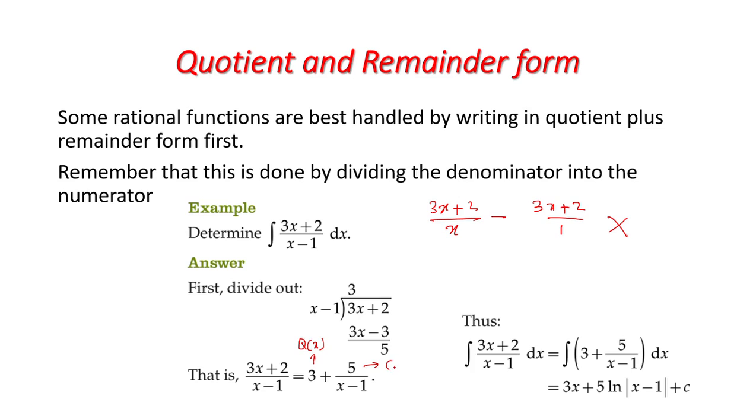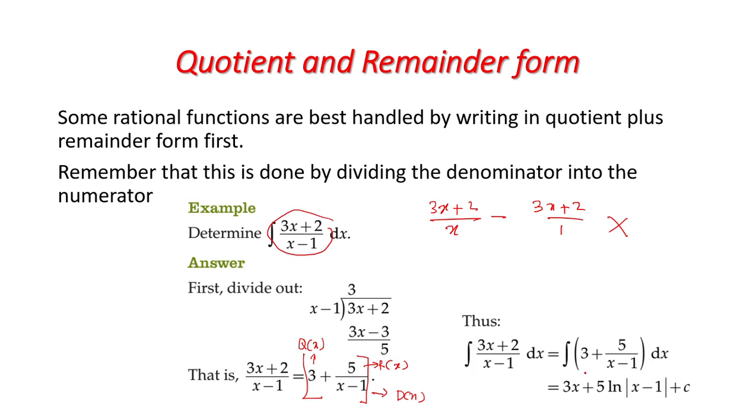Number 5 is your remainder, and then x-1 is the divisor. Then we integrate this one, which is actually the result after we perform the long division, so it is easier to integrate compared to the original.